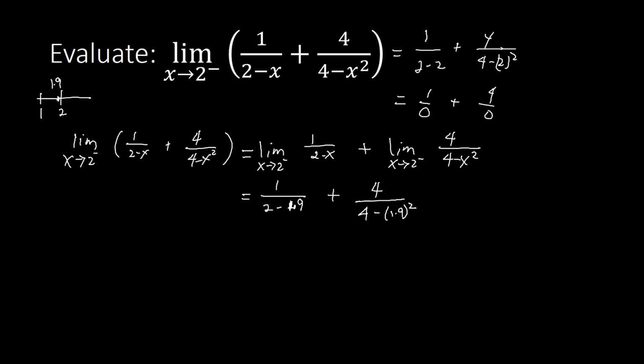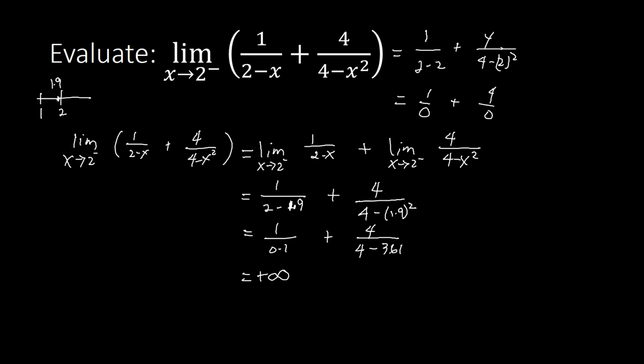But if not, you may do the computation: 2 minus 1.9 leads to 0.1. So 1 over 0.1 will give a positive infinity. And then plus 4 over 4 minus 1.9 squared, where 1.9 squared is 3.61.